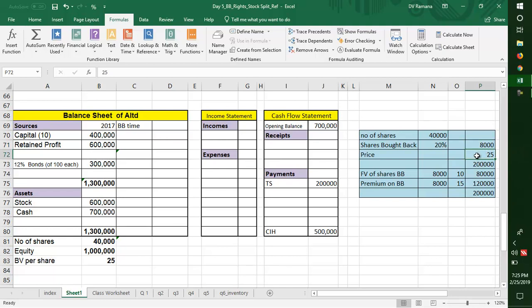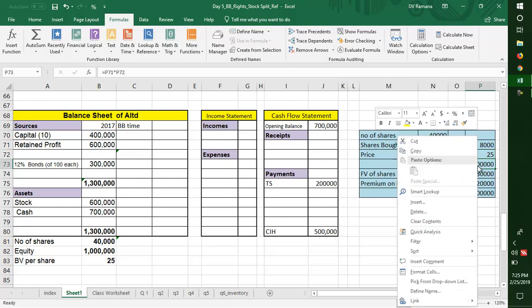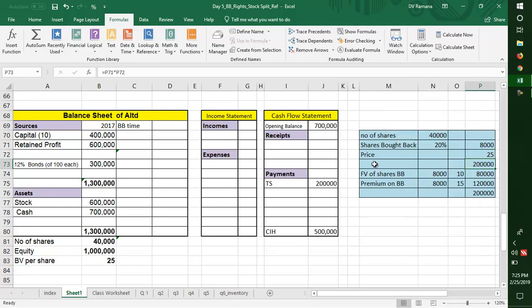Observe, I've given this price which is equal to the book value per share. It can be anything. The price can be very high, very low. That depends on many other things about the pricing. So if the price is 25, the cash payable by the company is 200,000, assuming that all 8,000 shares are bought back.